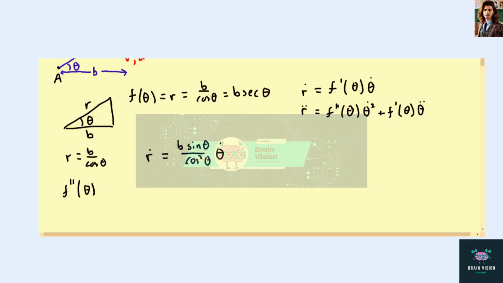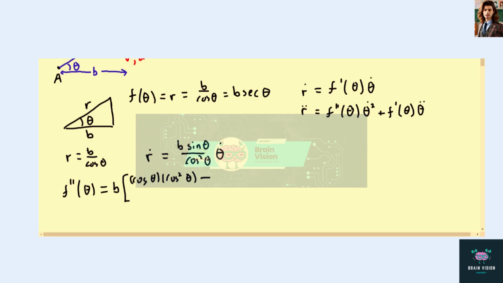So we had f, first derivative was b sine theta over cosine squared theta. And so we'll take the derivative of that again. And so we'll be using the quotient rule. Okay, so we have b times, numerator is going to be cosine theta times cosine squared theta.